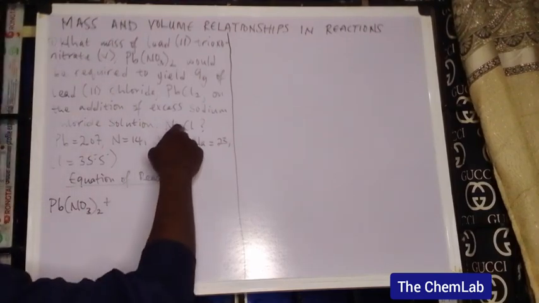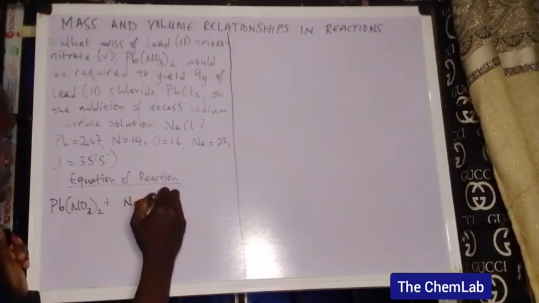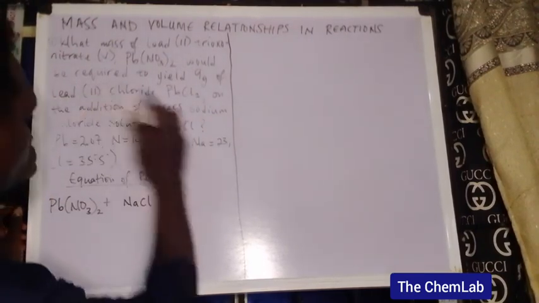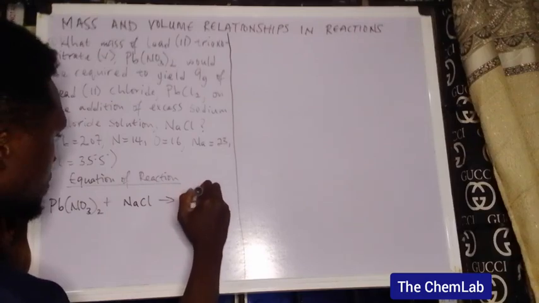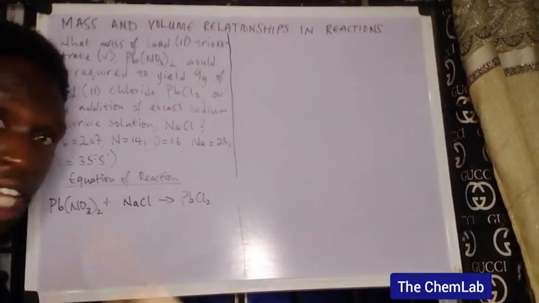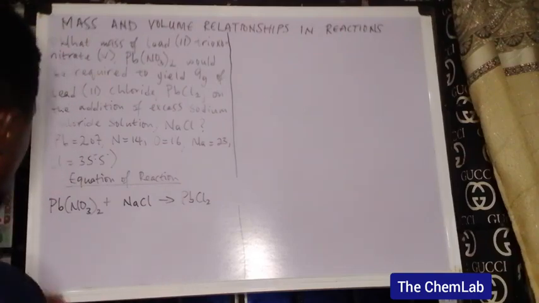So the sodium chloride, NaCl, is also a reactant, and it produces lead(II) chloride, that is PbCl2.